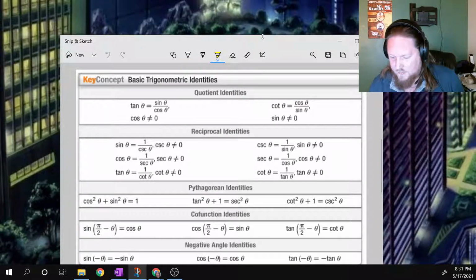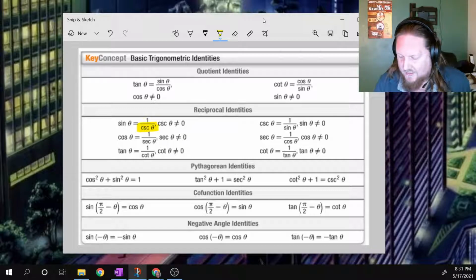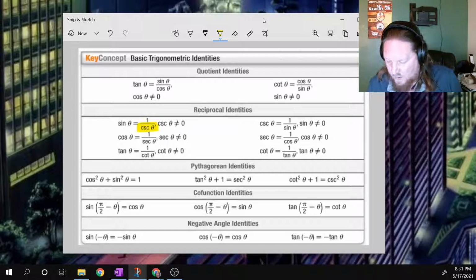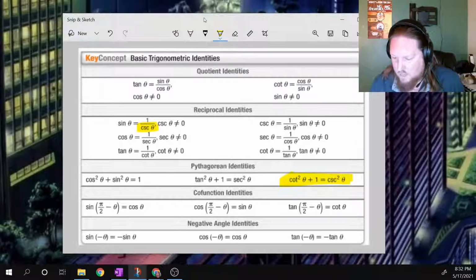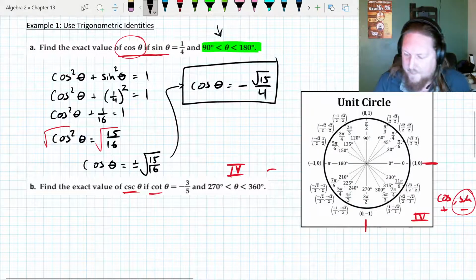I'll use the highlighter here. I notice I've got cosecant and sine, but that's not really what I want. I used cosine squared and sine squared, and I look through and go, oh, wait a second. Cotangent and cosecant are in that Pythagorean identity. Cotangent squared theta plus 1 equals cosecant squared. So that is the identity I'm going to use.